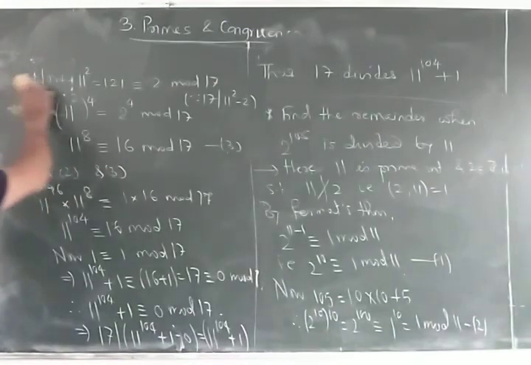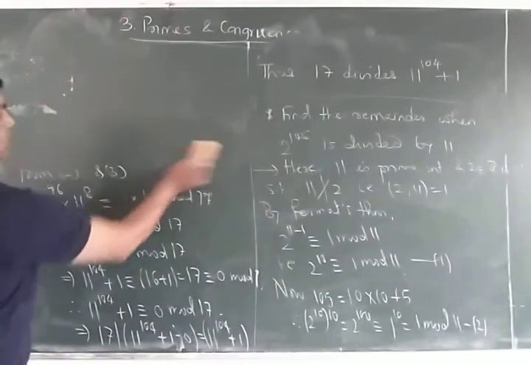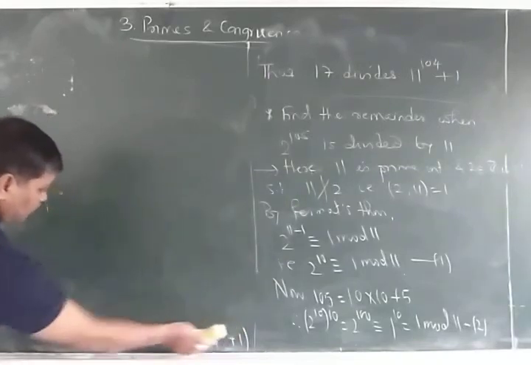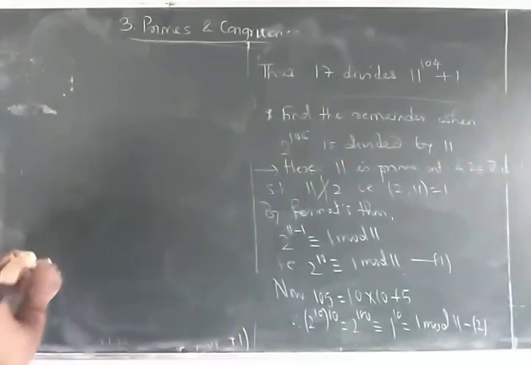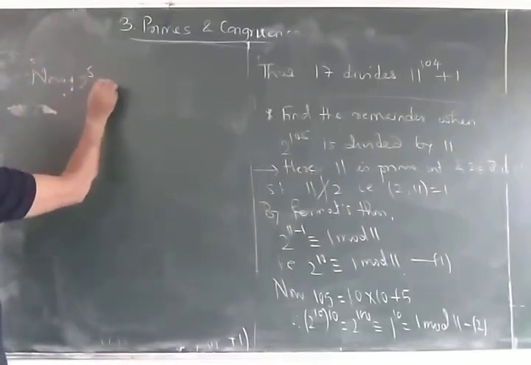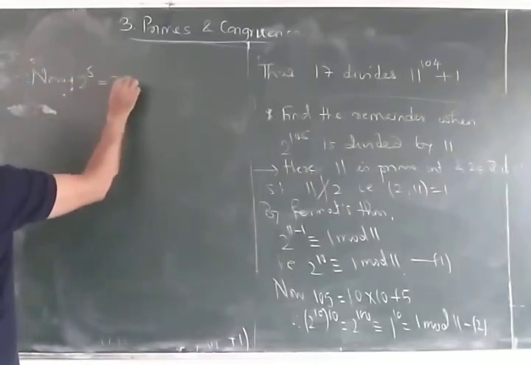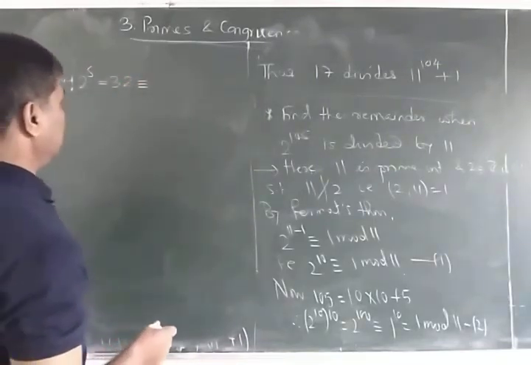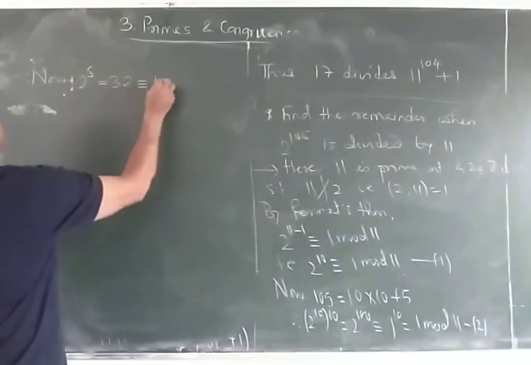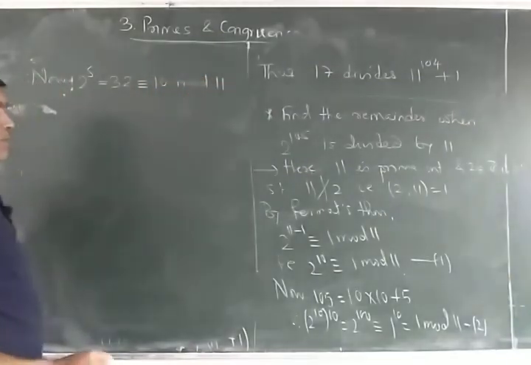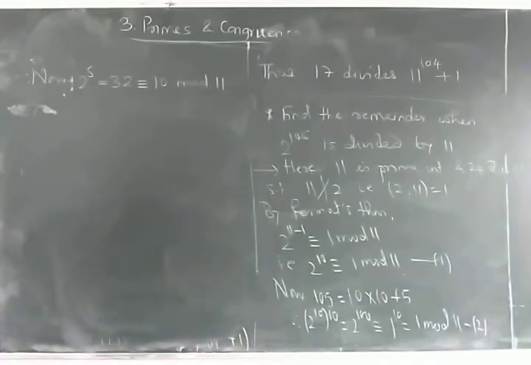Now we have to find out 2 raised to 5. 2 raised to 5 is equal to 32. It's congruent to, if I divide by 11, 10 mod 11.